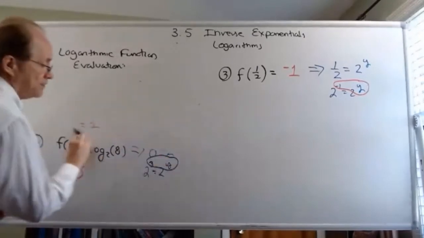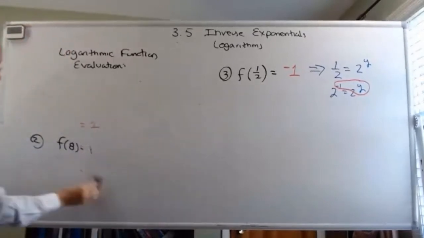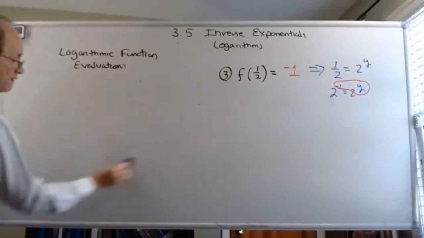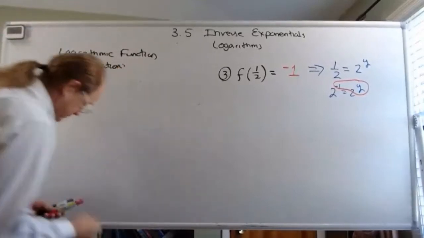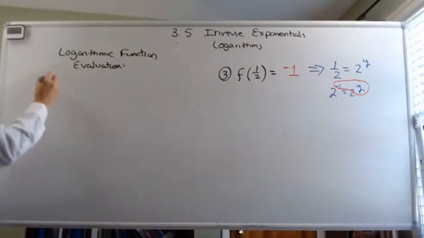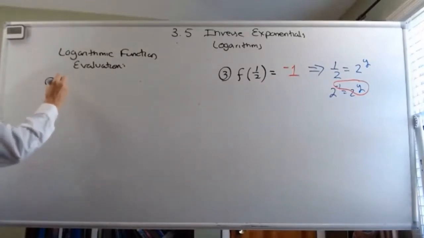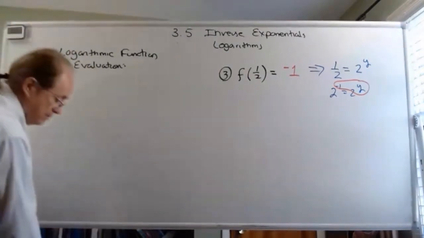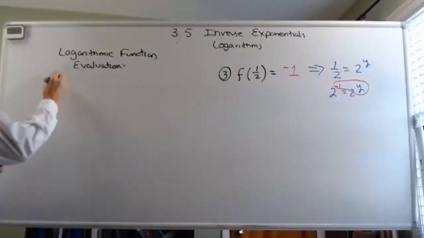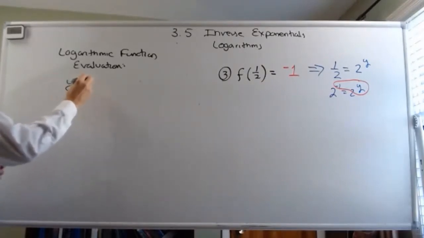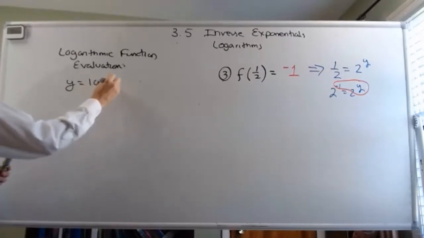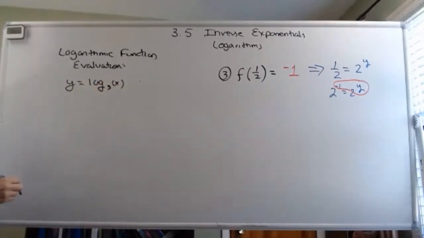Let me try a different base over here and see if you can figure these out. So say, for example, new base, new example. So here's my f of x is equal to this. Let's say my y is equal to the log in the base 3 of x.